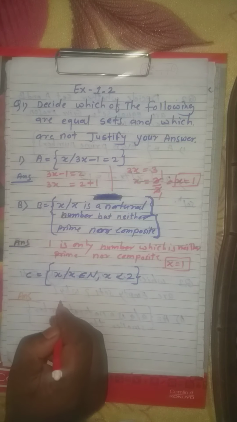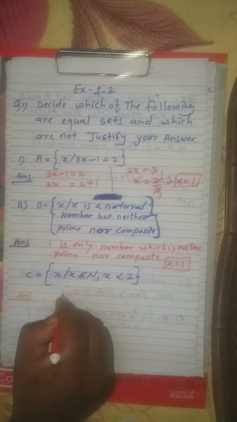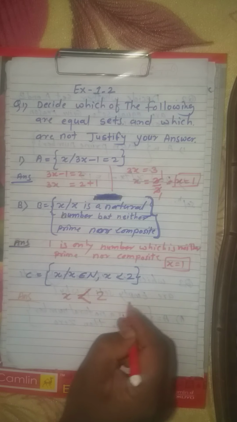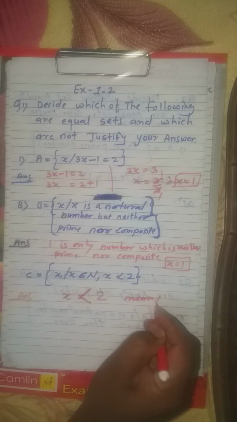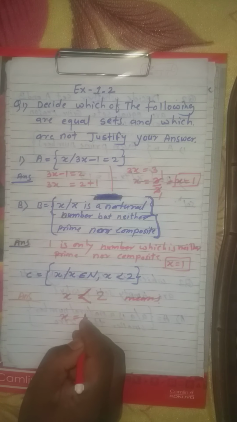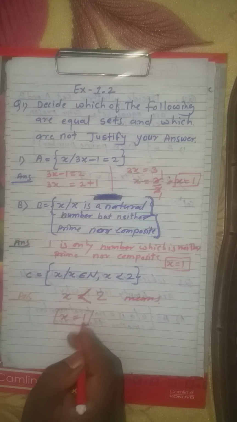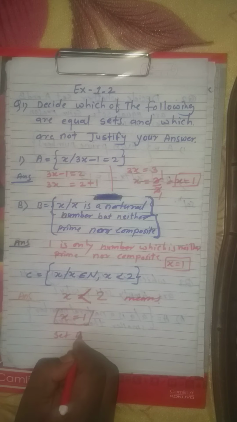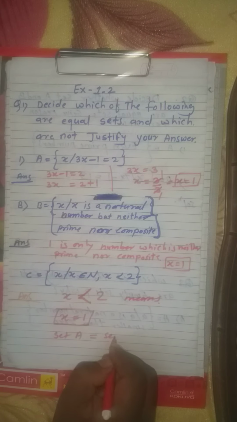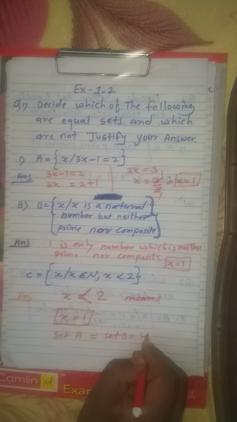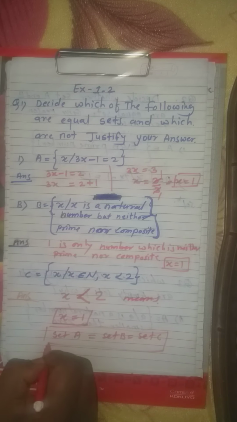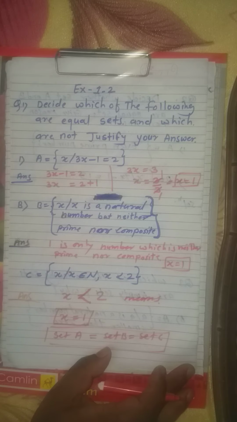So the meaning of this is what? x is smaller than 2 means x is equal to 1. Only one natural number is smaller than 2. That's why we can say set A is equal to set B is equal to set C. All these three sets are equal to each other.